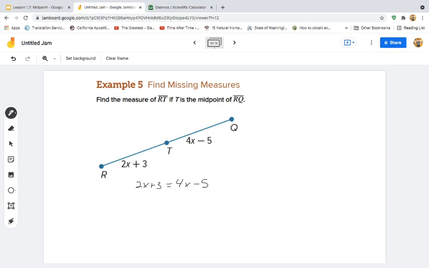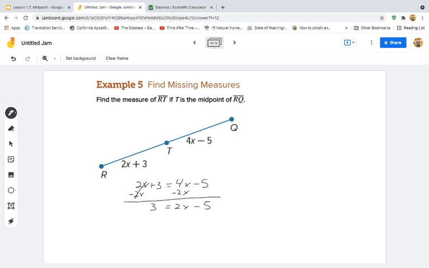And so this is where that warm-up problem comes in. We're just going to then solve for x and call it a day. So we'll go ahead and subtract 2x from both sides. So those cancel out. So we're left with 3 equals 4x minus 2x is 2x minus 5.